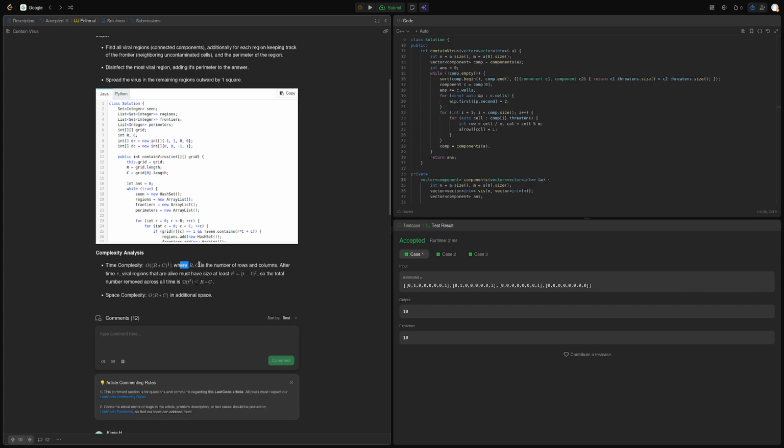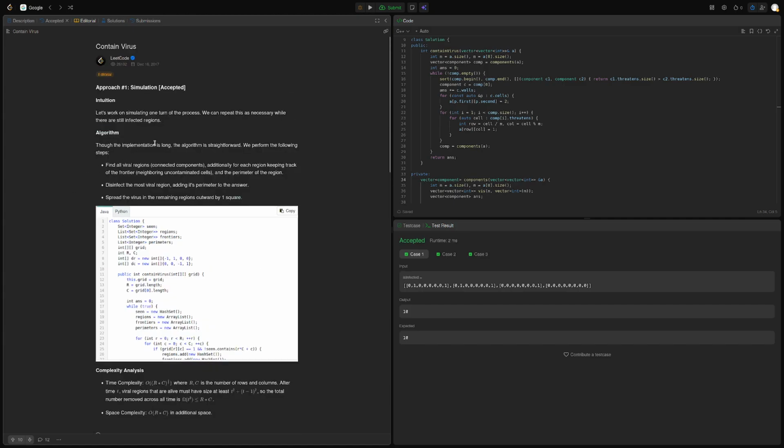Could you see there? Rows and columns. After time t, viral regions that are alive must have a size at least t squared plus t minus 1 squared, so total number of removed across all time is... What the hell?